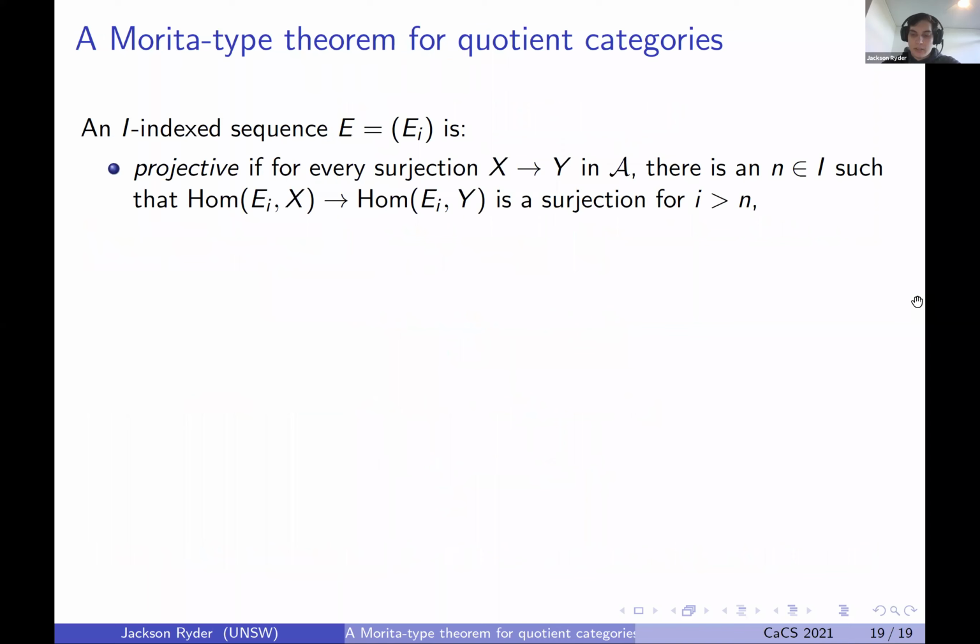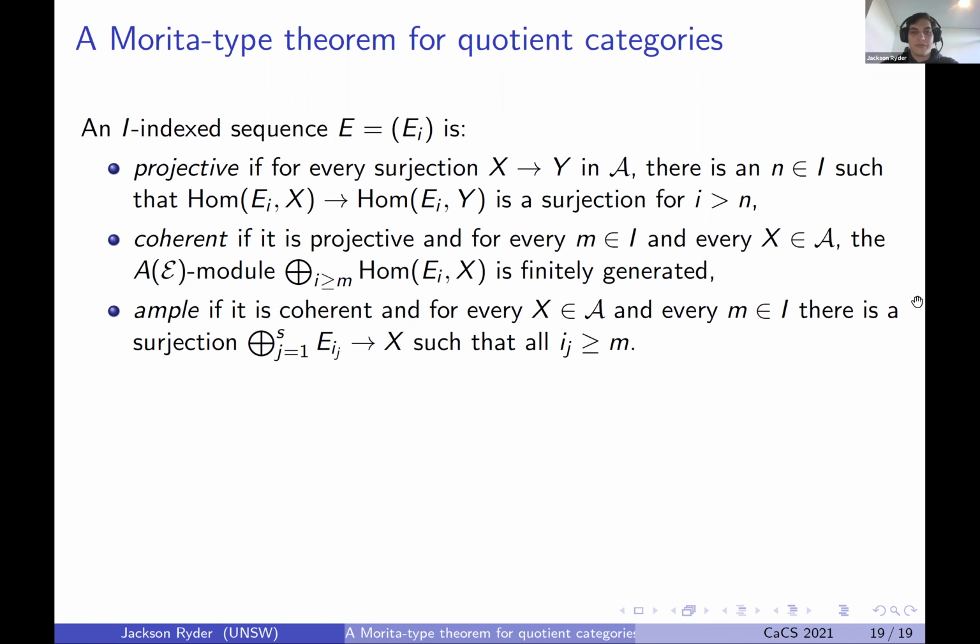Before, we had three different conditions to be a progenerator, right? You needed to be projective. So here we have our analog of being projective. I won't go too much into these conditions because it's a lot of text. But essentially, these are analogs of the three progenerator conditions that we had before.